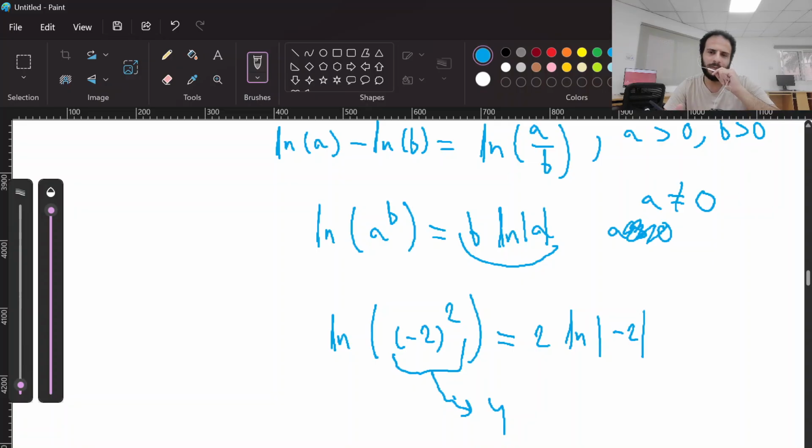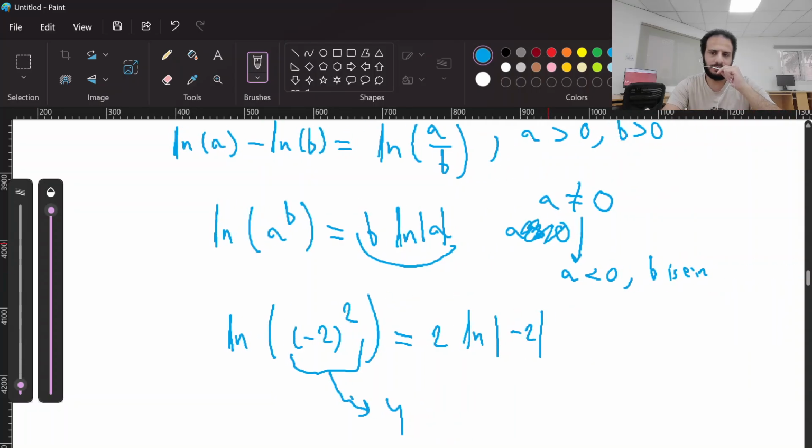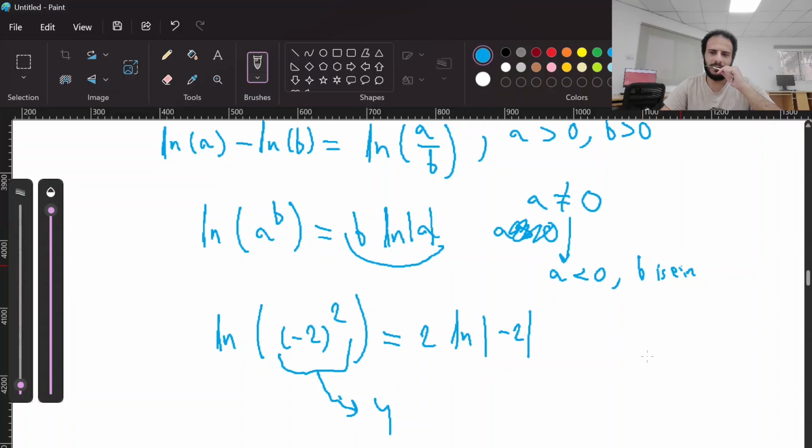So let's write it better: a less than 0, b is even. This is good. These things you will not forget because you do them by understanding. They are not hard. Also, for a greater than 0, there is no problem; b can be anything.